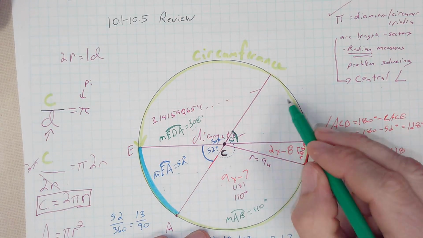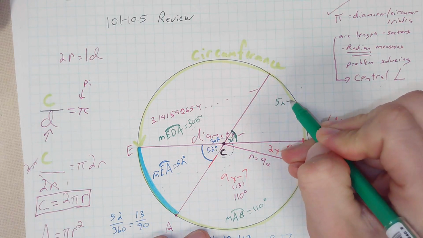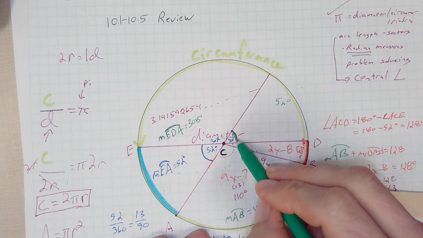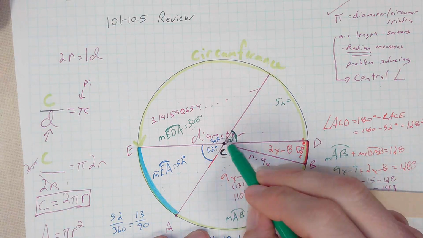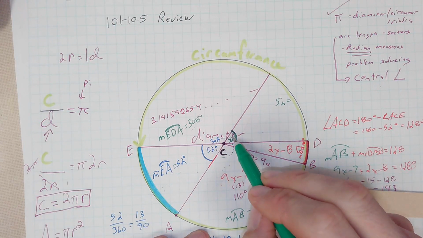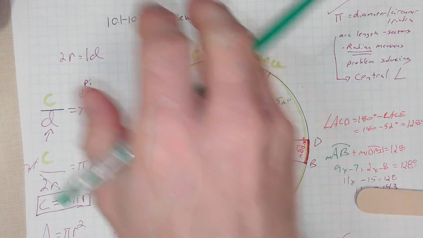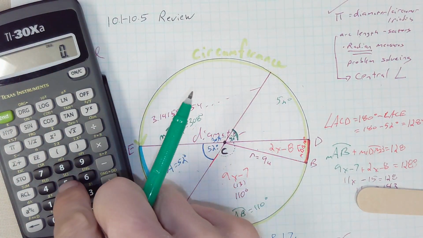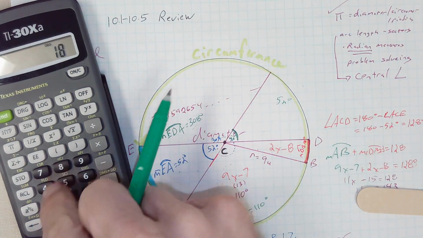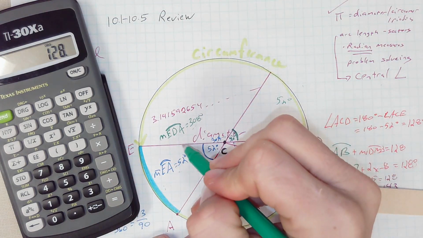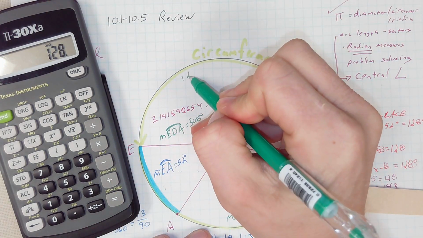So these are the same here. This would be 52 degrees, right? These are a linear pair, so 52 and 52, minus 180. This would be 128. So this whole thing is 128, right?